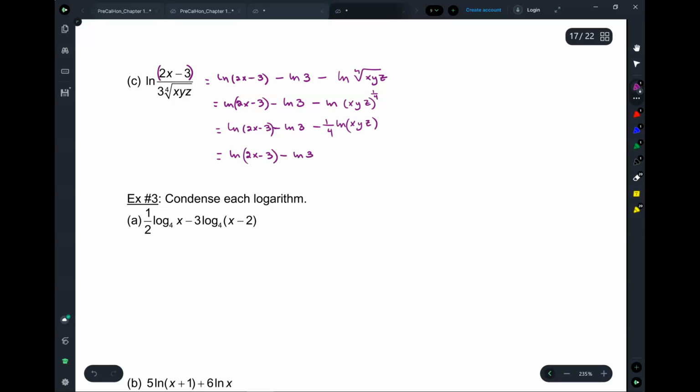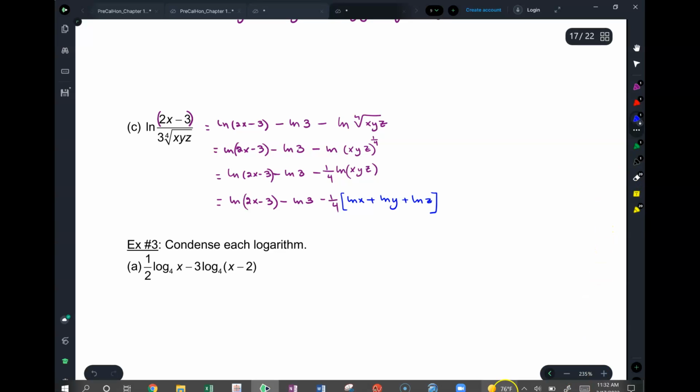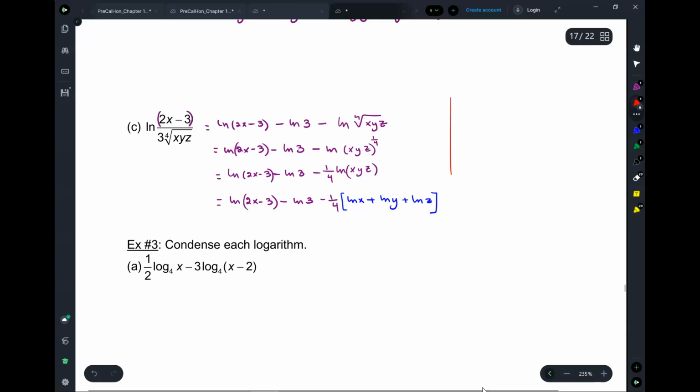We don't use the word distributing because technically you can't distribute. We expand, but only if it's multiplied or divided. So minus 1/4, and here it's going to be ln of x plus ln of y plus ln of z. You don't do anything to the 2x minus 3. Here's how you know. You have two different things here.